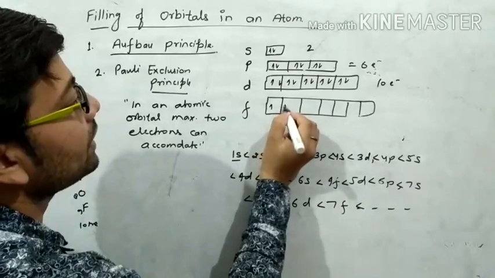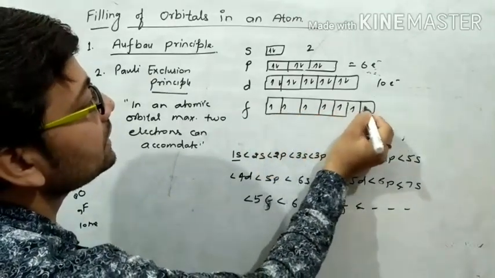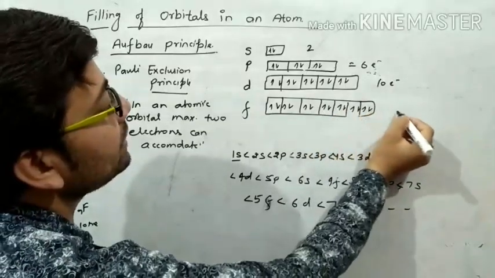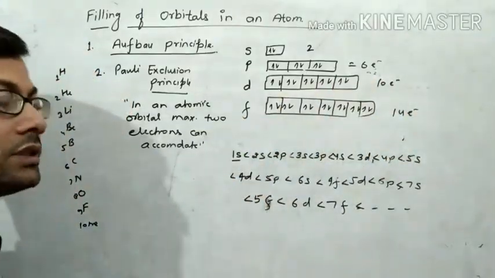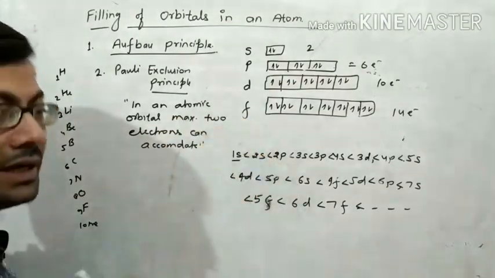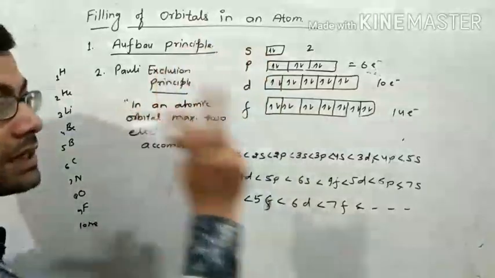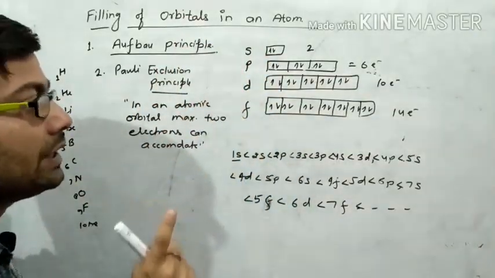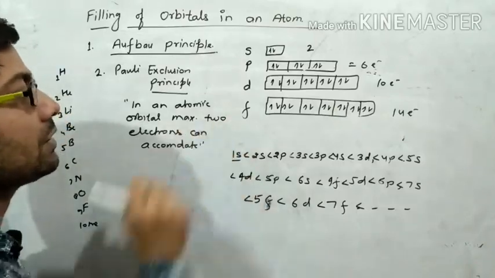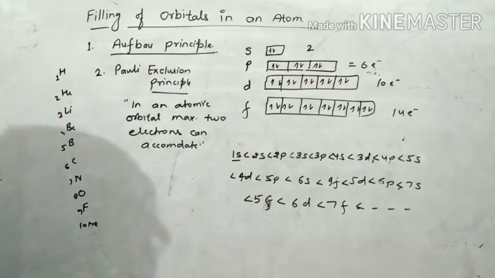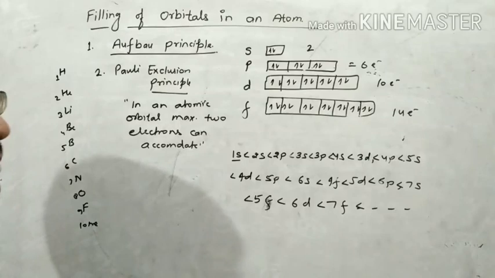In case of f, 14 electrons can be accommodated in the f orbitals. So s has 2 electrons, p has 6, d has 10, and f has 14 electrons. Right? This is the second principle regarding the filling of electrons in atomic orbitals.